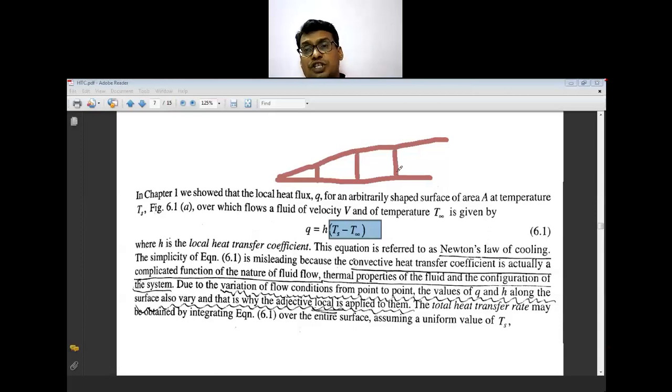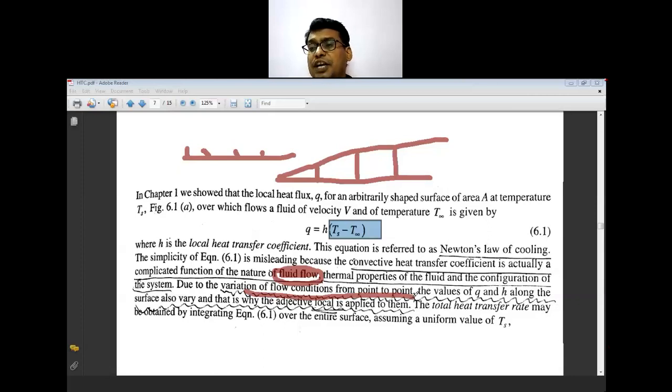So depending on these different velocities, you will get different heat transfer coefficients, because the heat transfer coefficient depends on the fluid flow properties, and these mainly depend on the fluid velocity. So the variation of fluid velocity is observed at different points on the surfaces. On the same surface, you will get different velocities. So this is the variation of flow conditions from point to point.